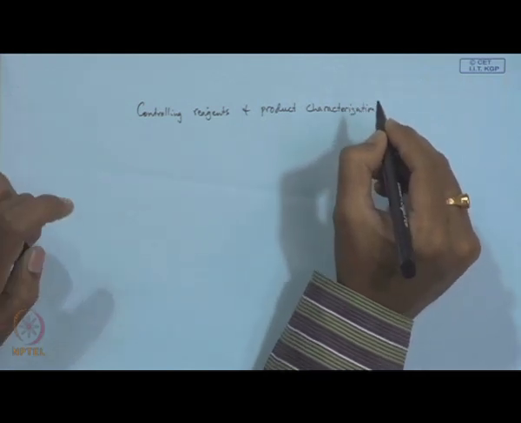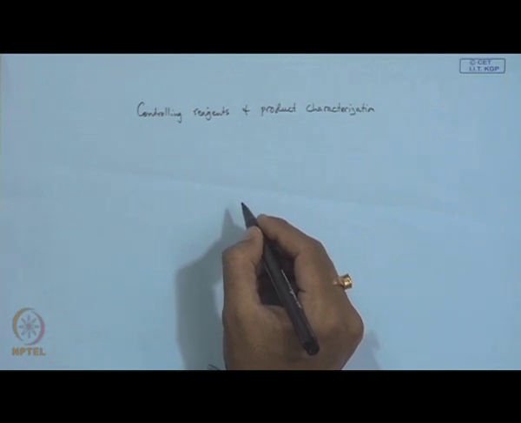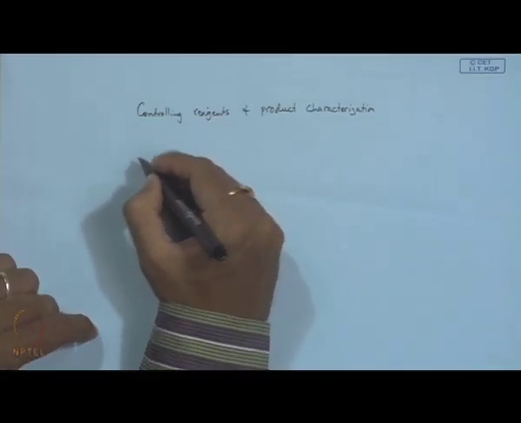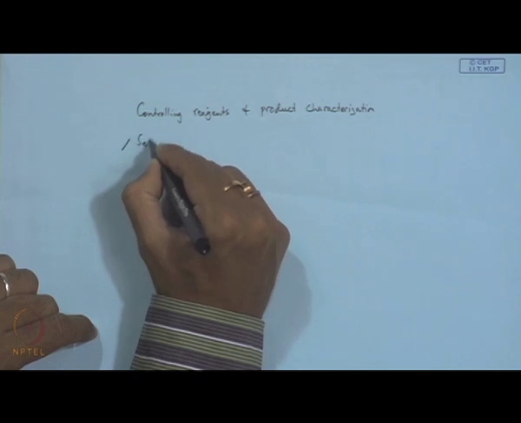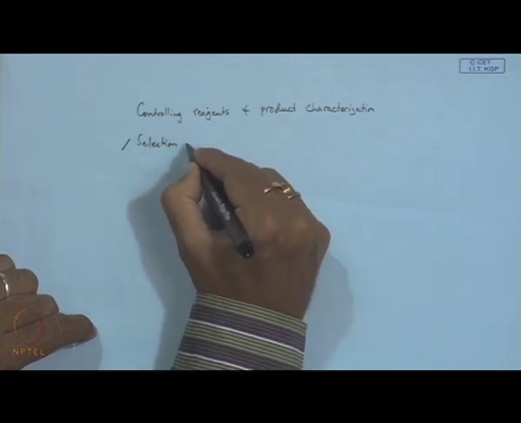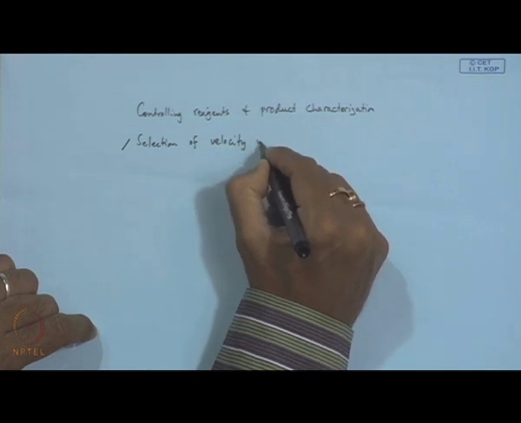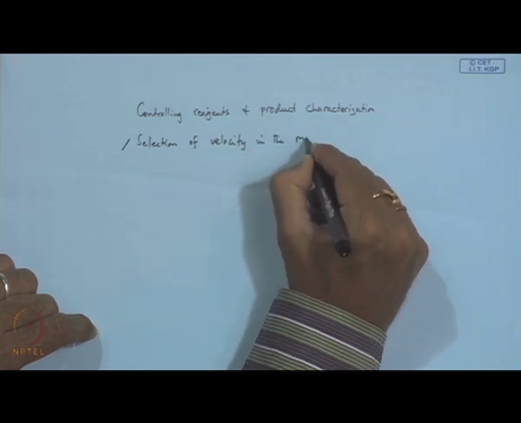Now, how to select that? In the molecular beam there is an option to set the velocity, to select the velocity. So, the thing is selection of velocity in the molecular beam.